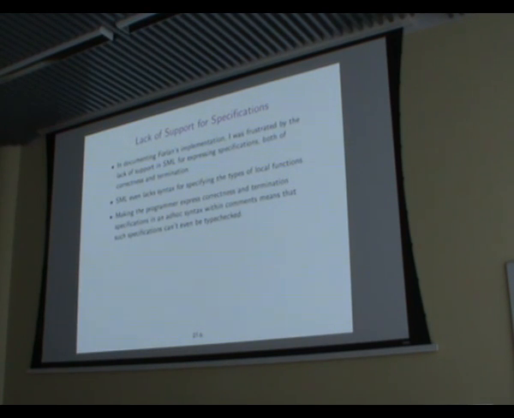But making the programmer express correctness and termination specifications in an ad hoc syntax within comments means you can't even type check your specs, and that seems very old-fashioned to me at this point, that you go to all the trouble of writing these specs down and you don't even type check them.